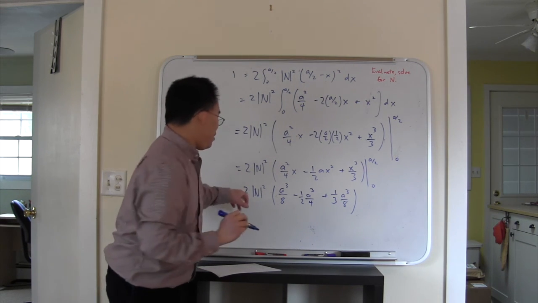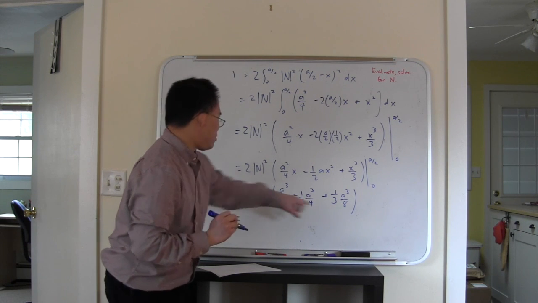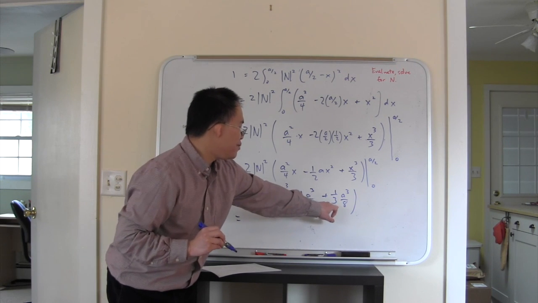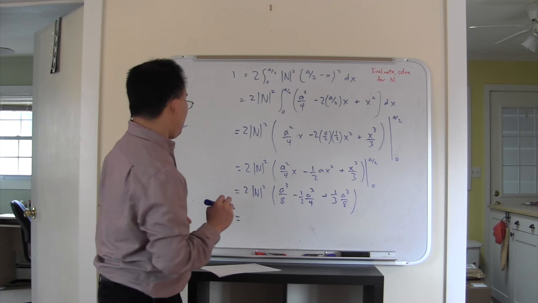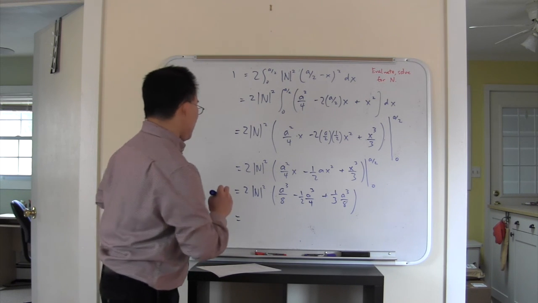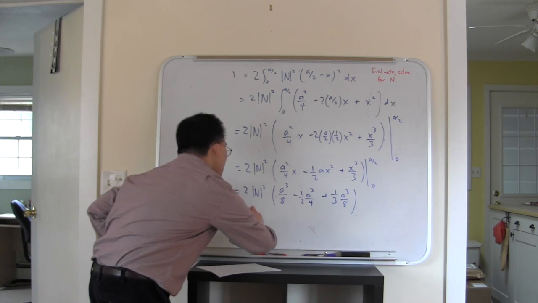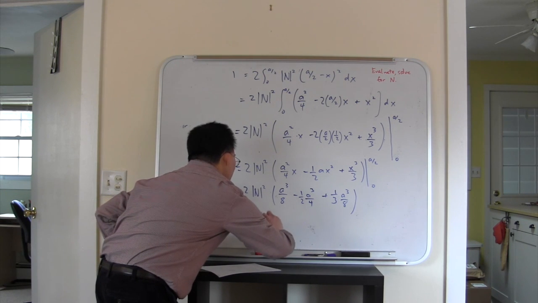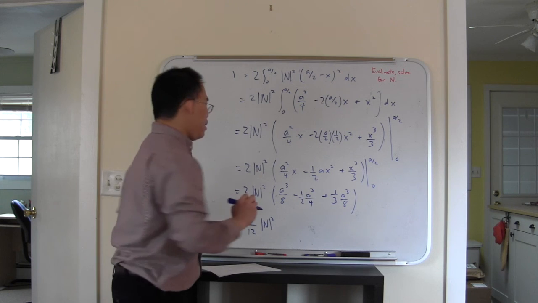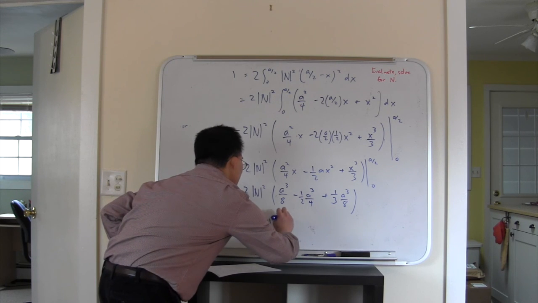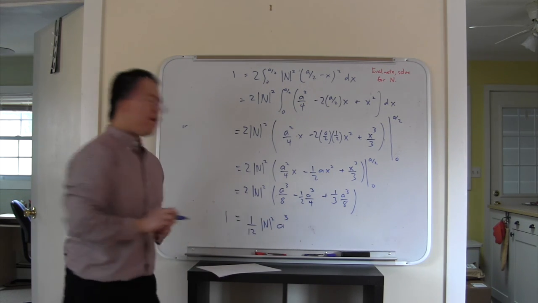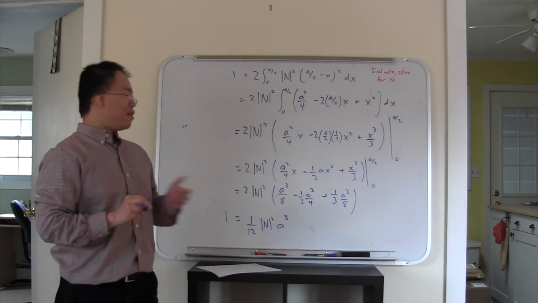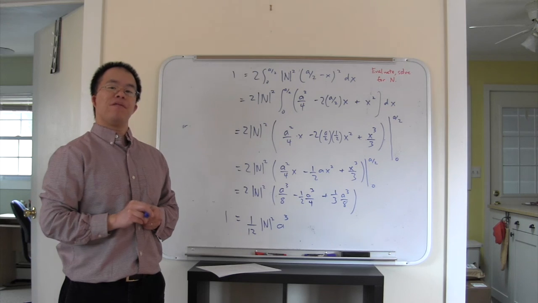And so plugging all of that in, I have a 2 canceling a 2 down here, which gives me 3 times 4. So I end up with 1/12 modulus of n squared times a cubed. And that all has to equal 1. At this point, we can go and solve for n.